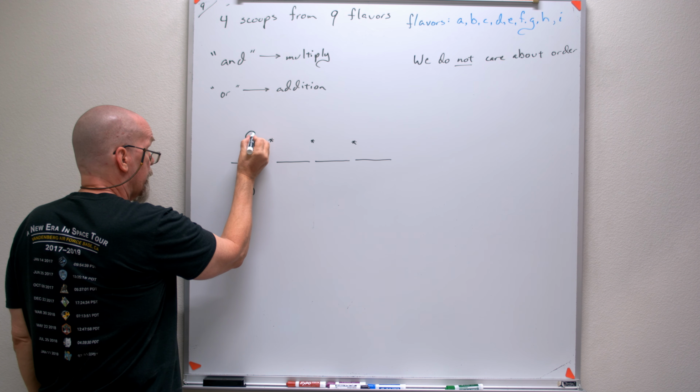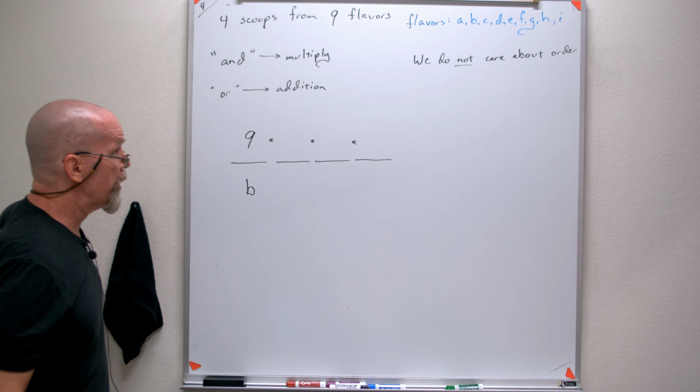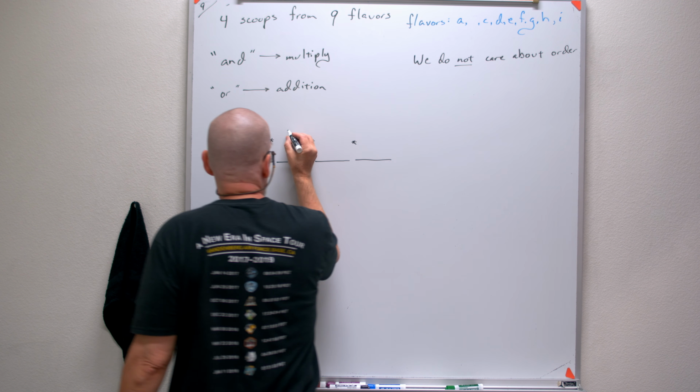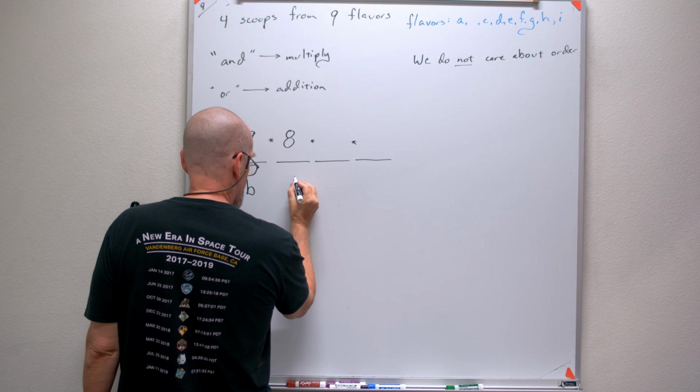We'd have the number 9 multiplied by, well, once I've removed the flavor B, I can't choose it a second time because we're not doing replacements. So once I've removed it, it only leaves 8 things. So I'd be doing 8. And maybe I did F for that one.